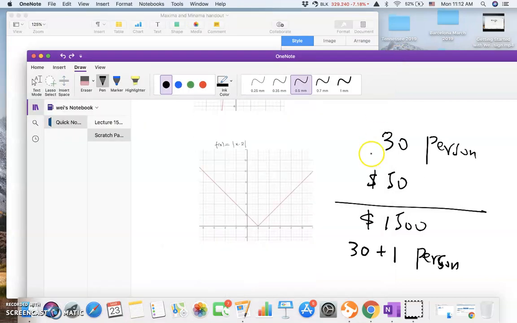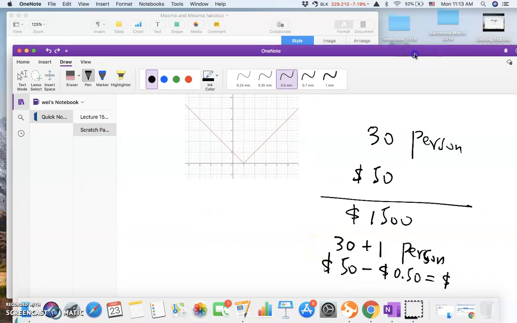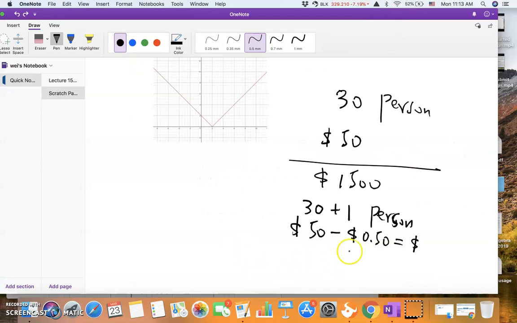So now the company charges each person 50 minus 0.50, so each person is charged $49.50.